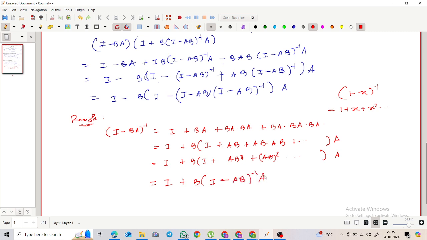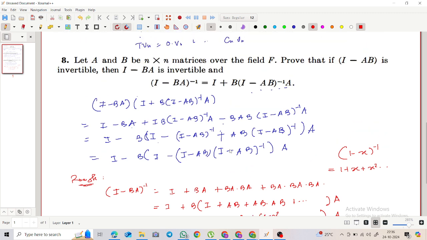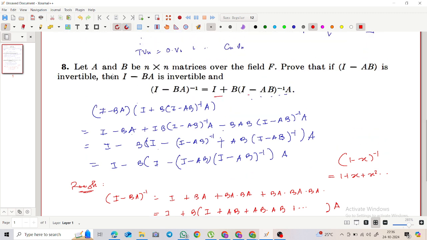So that's the intuition. How do I come up with this exact term? I'm just checking it. But if someone tells me to find out what I minus BA inverse should be, how do I find the term? That's the way to do it.